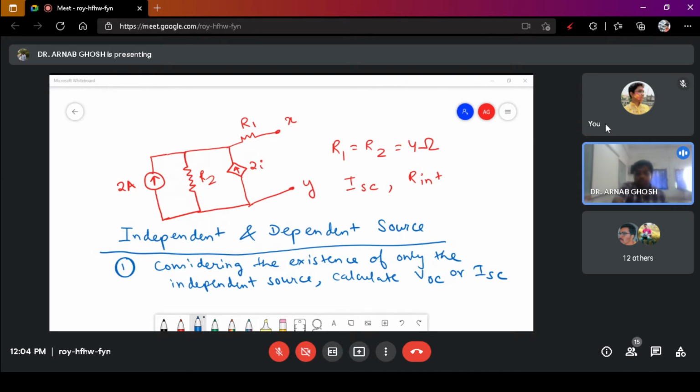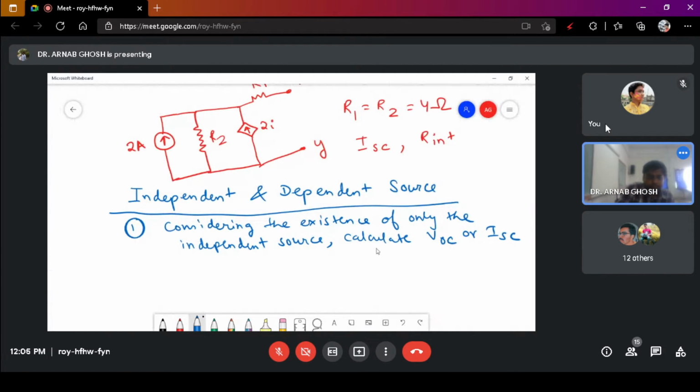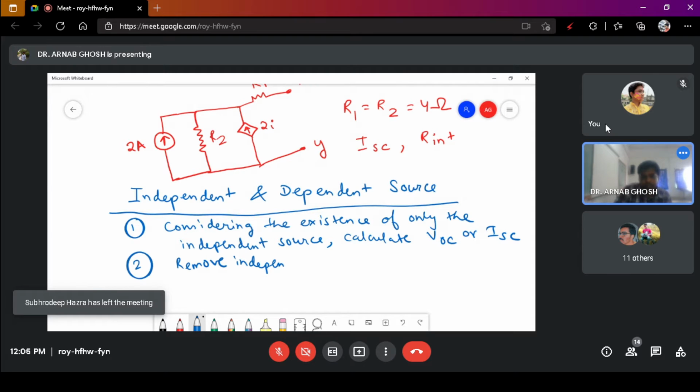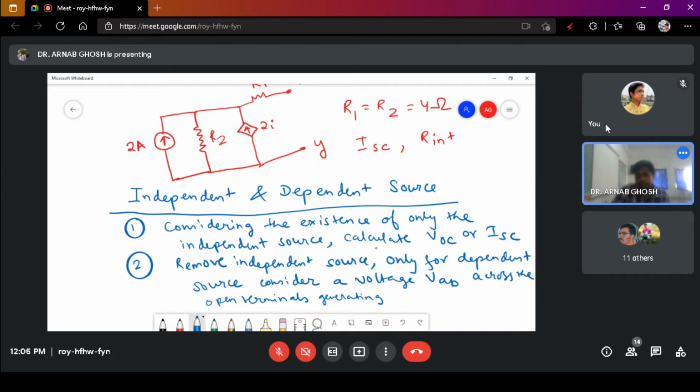Next you remove the independent source. Only for the dependent source, consider a voltage VAB across the open terminals generating a current of 1 ampere.